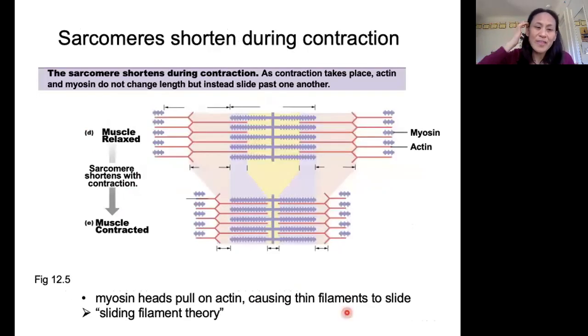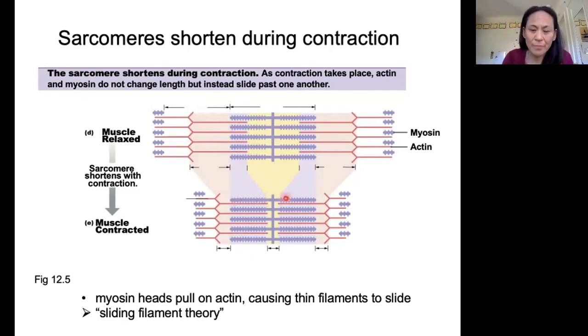Okay, last thing for this video is that I want to say that the sarcomeres shorten during contraction. So basically what happens is that we change the amount of overlap between the thick and thin filaments. So looking at this figure, what you can see at the top here is what it looks like when the muscle is relaxed. When the muscle is relaxed, we have just a little bit of overlap between the thick and thin filaments, okay? When the muscle contracts, what happens is that the myosin pulls on the actin.